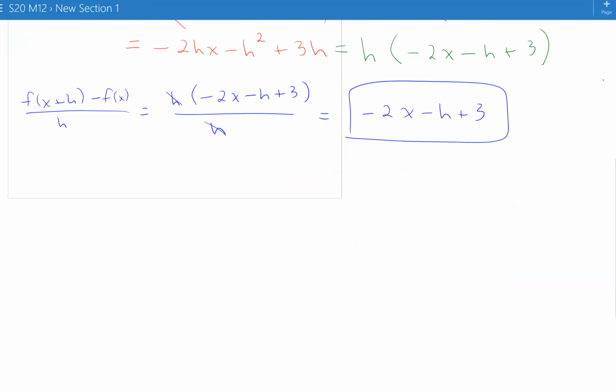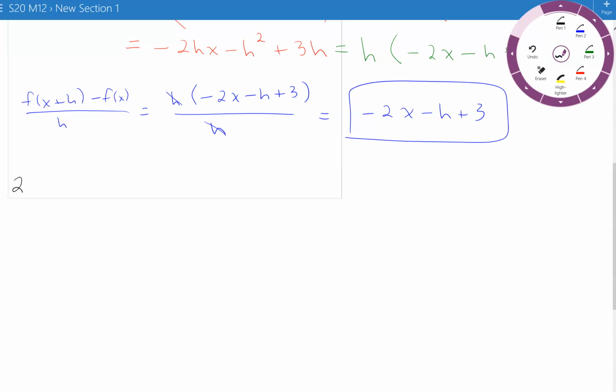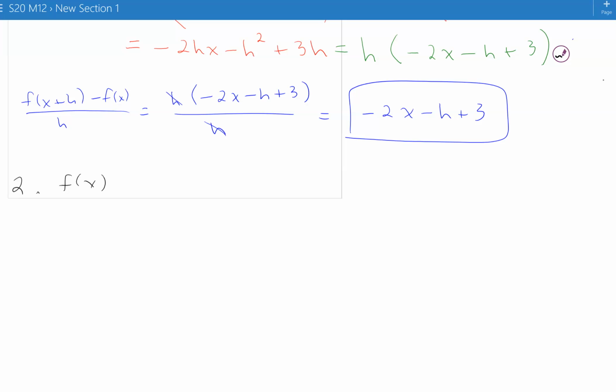Okay, so let's do the second part, which says I have two functions. I have f of x, which is 6x minus 5, and g of x, which is 2x squared plus 3. So the first thing I'm asked to find is f of g of negative 1. There's two different ways to do this.